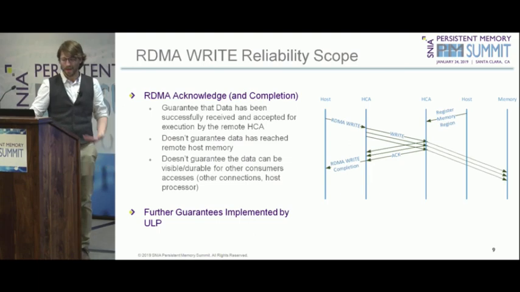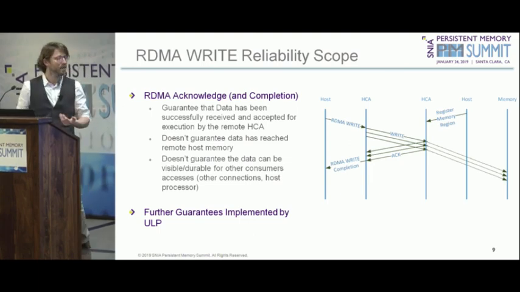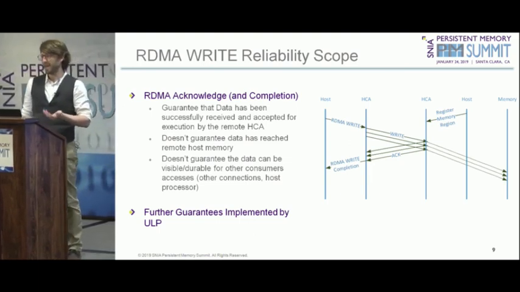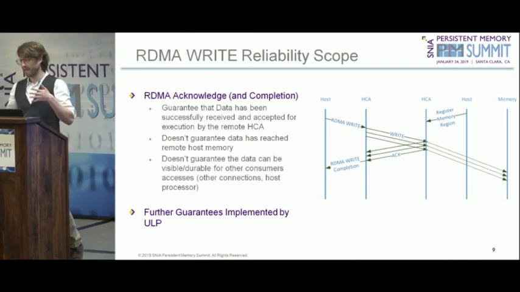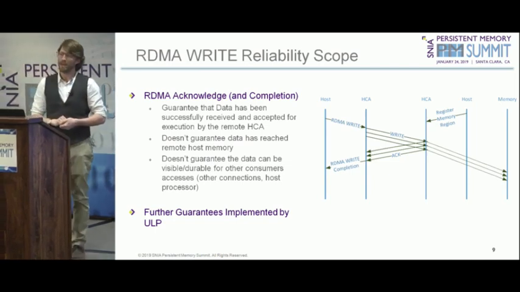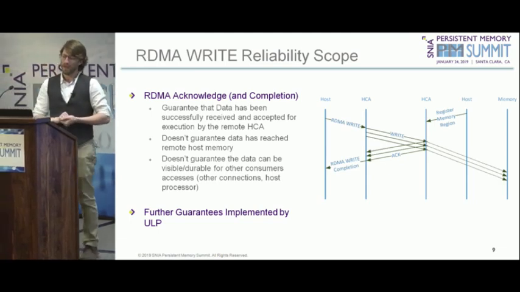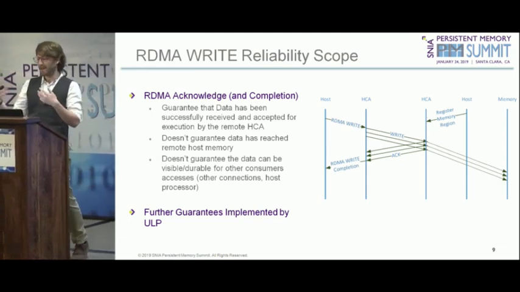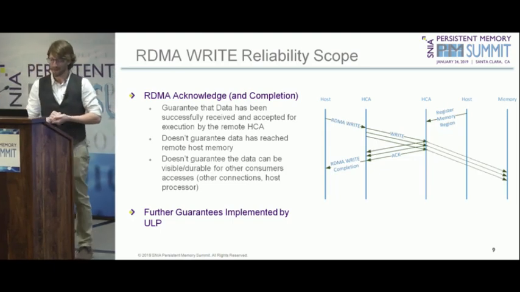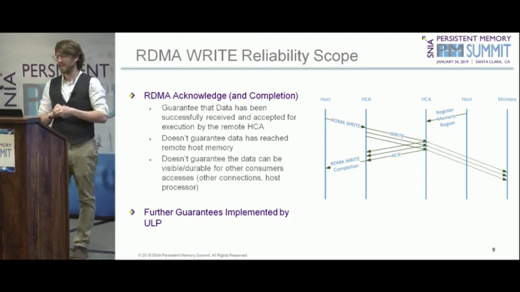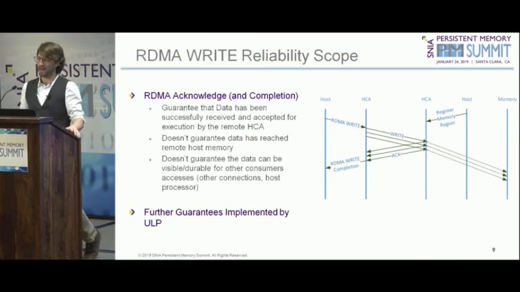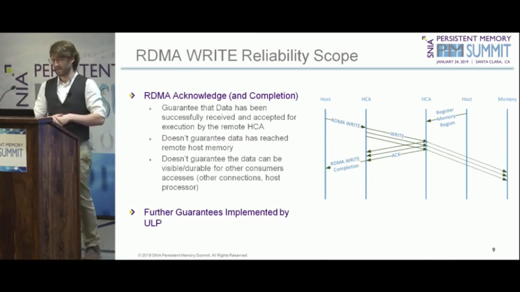So what is the reliability scope of current RDMA? The reliability scope is transport-level reliability. If I want to write to a remote buffer, I post this operation to my NIC or HCA, depending on the protocol, and this NIC will start transmitting RDMA write packets.